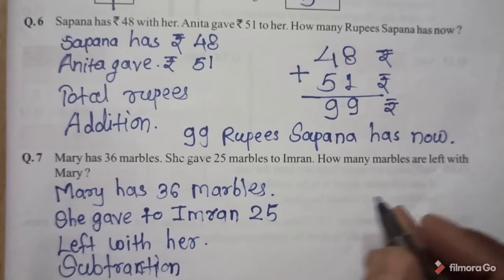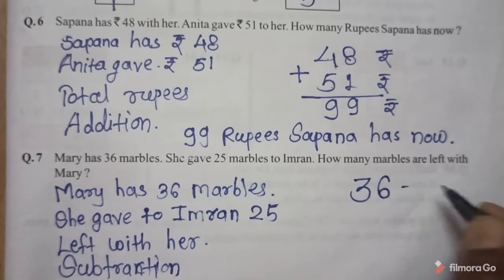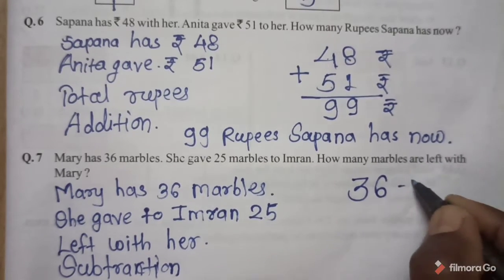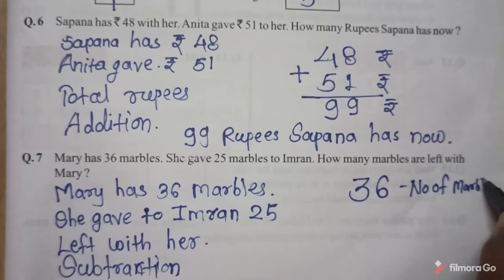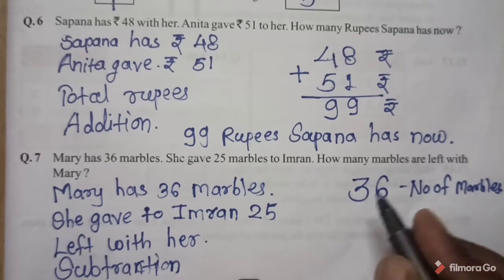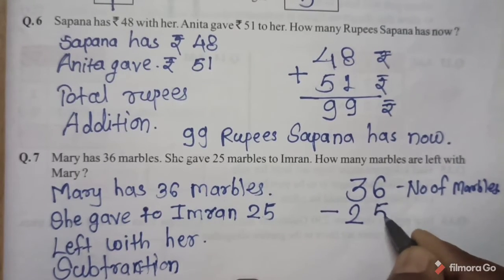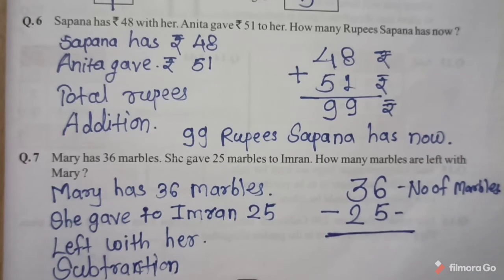Subtraction. So here is the total number of marbles, and she gave 25 to Imran. Now solve this. 6 minus 5, 1. 3 minus 2, 1.